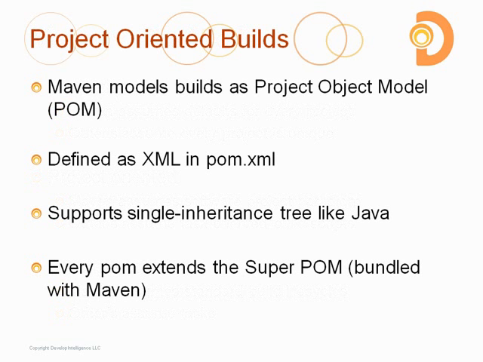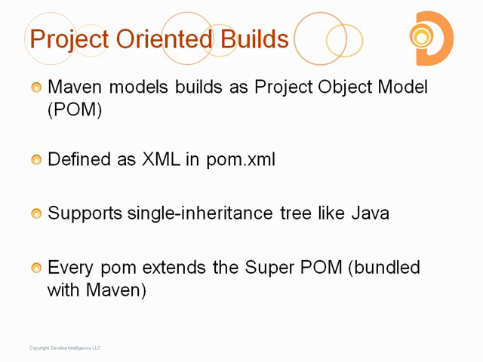The POM, if you were to look at it, looks and feels just like any other XML file. The way that Maven works with the POM is slightly different than maybe some other XML-oriented build tools. In general, Maven pulls in the POM in memory, creates an object, quote-unquote, from that POM, and that object is extended from the super POM.